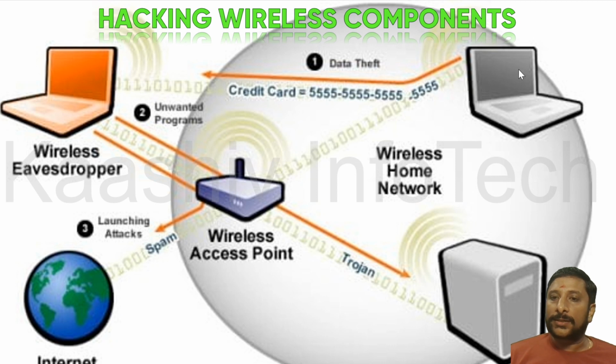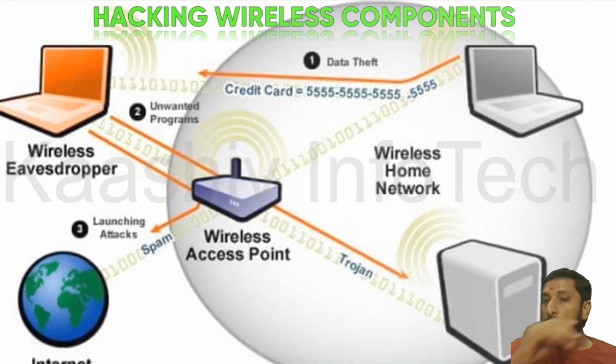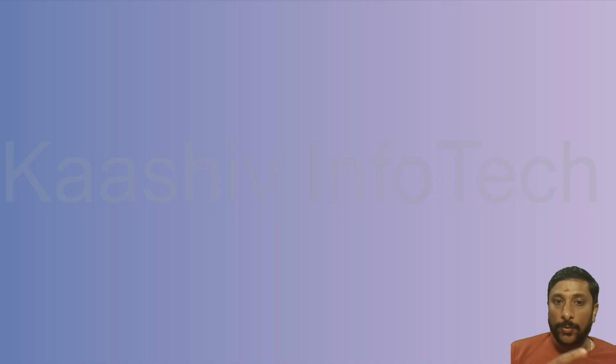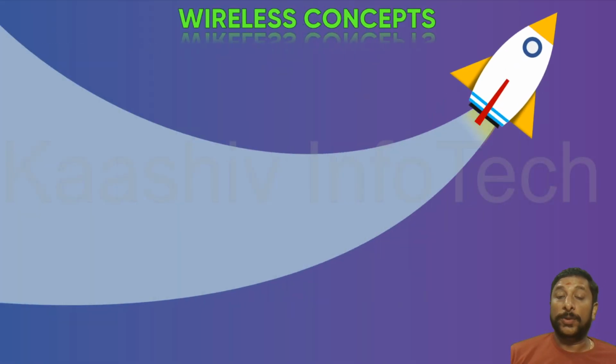If the user is accessing the modem wirelessly and transferring some data, that information can be eavesdropped, or it can be hacked by Trojans, or via spam emails or something like that. People try to identify this kind of precious information. Wireless attack is one of the worst attacks. We should be really careful.